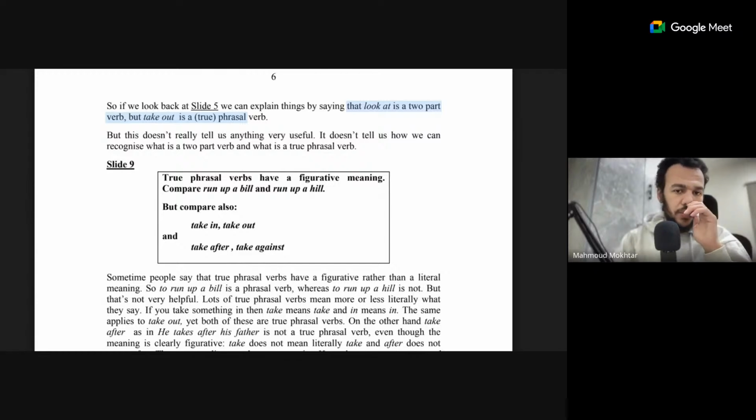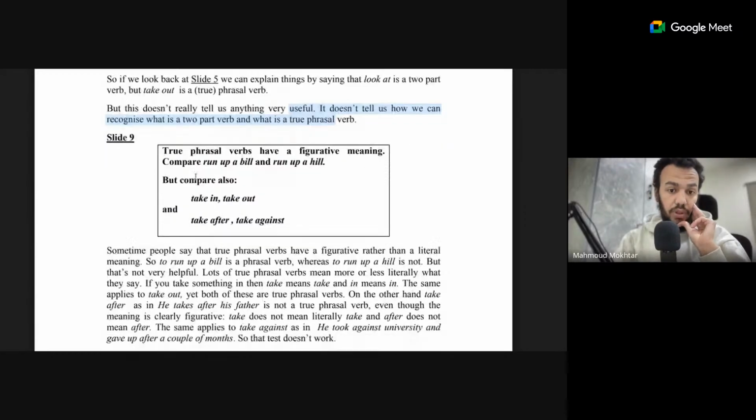Okay, but this doesn't really tell us anything very useful. It doesn't tell us how we can recognize what is a two-part verb and what is a true phrasal verb.